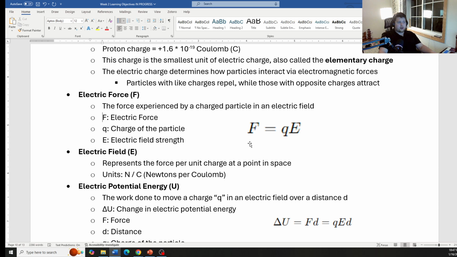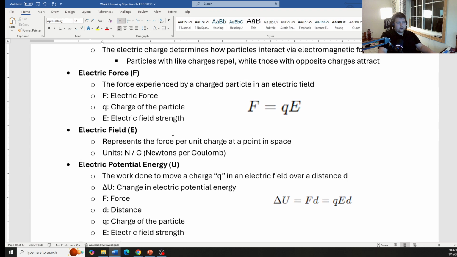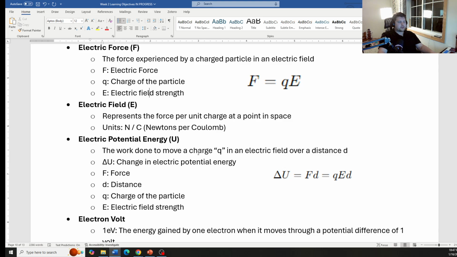If you get a question involving this specific equation, just take the values, plug them in, and you're good to go. The electric field, E, represents the force per unit charge at a point in space. We use the units newtons per coulomb.